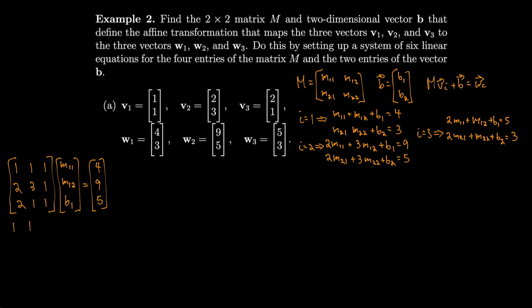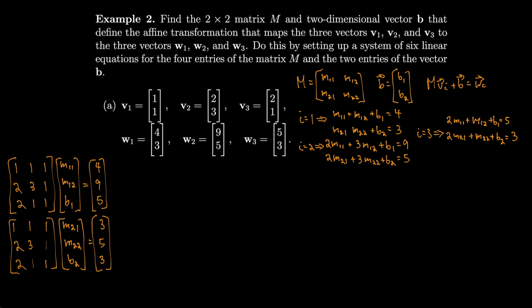So that'll be 1, 1, 1, 2, 3, 1, and 2, 1, 1. Right? Just by getting the coefficients and multiplying by M21, M22, and B2, setting them equal to 3, 5, 3.